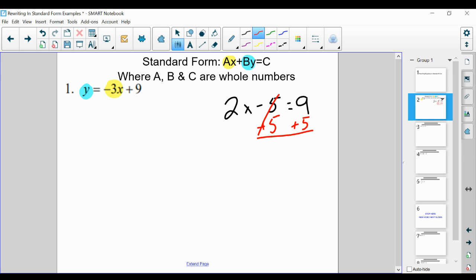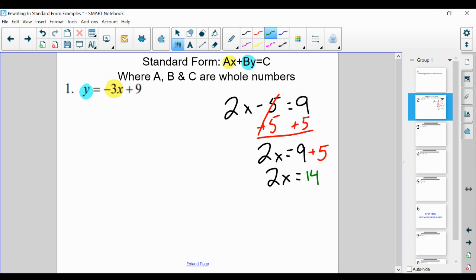We cancel out on the original side, and we have 2x is now equal to 9 plus 5. And we know we can simplify this. 9 plus 5 gives us 14. And we can go ahead and solve for x.